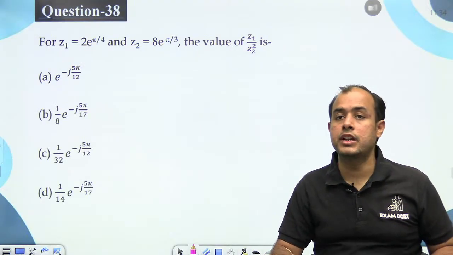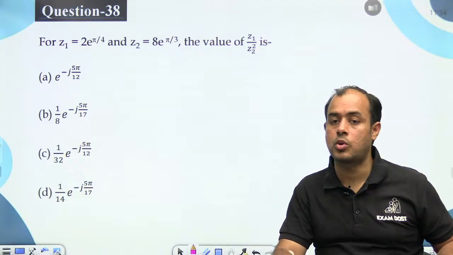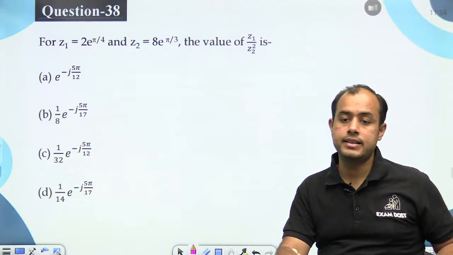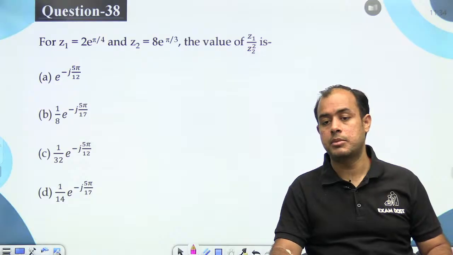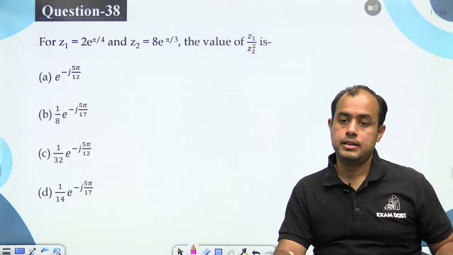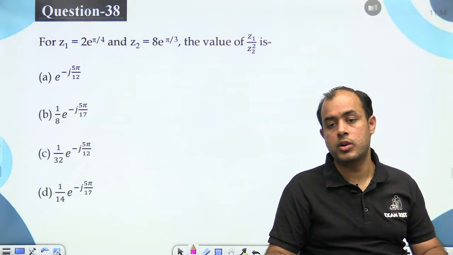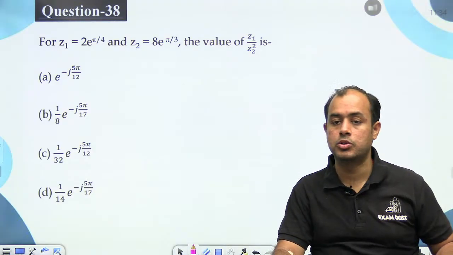Z1 and Z2 is given. Find Z1 by Z2 square. Come on. Z1 and Z2 is given. You have to find Z1 by Z2 square.